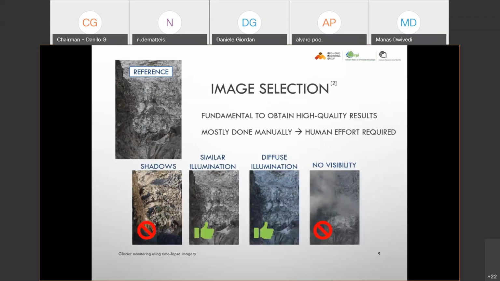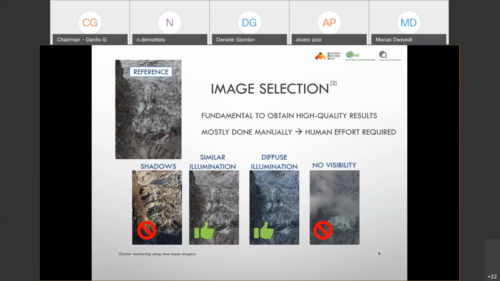But the most important step, I think, is image selection. In fact, using bad quality images will surely result in bad quality displacement results. So if we have a reference image of good quality, it is important to use a second image with a similar illumination.